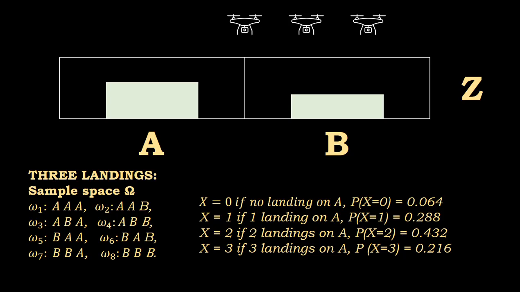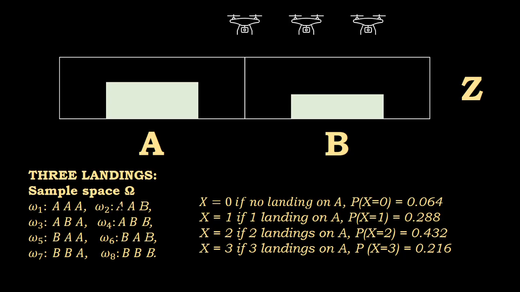Now, what's the probability of having 2 landings on A? Well, we have to do the same. Go to the possible outcomes in which we get 2 landings on A. Well, we find that omega 2 has 2 landings on A, omega 3 as well, and omega 5. So again, we've got three outcomes in which there are 2 landings on A. And we do the same.